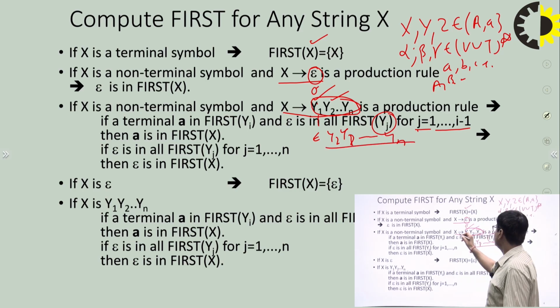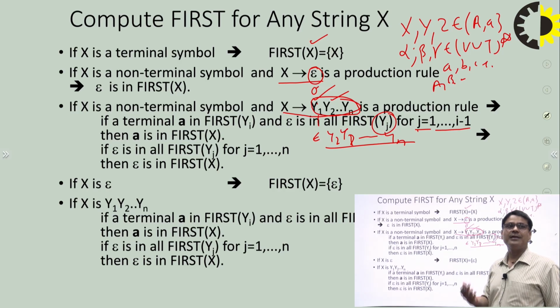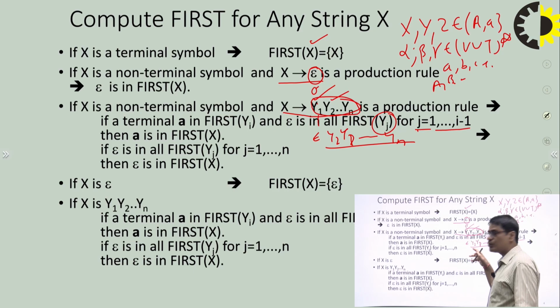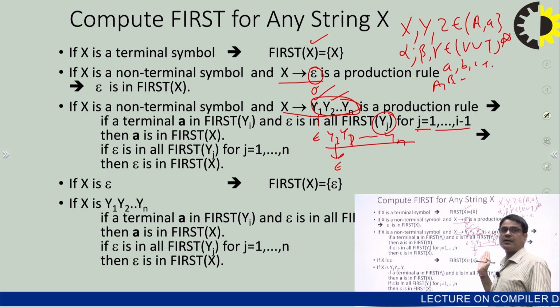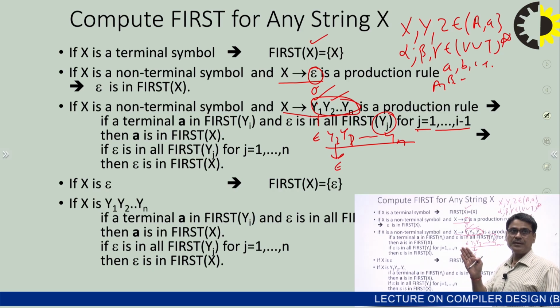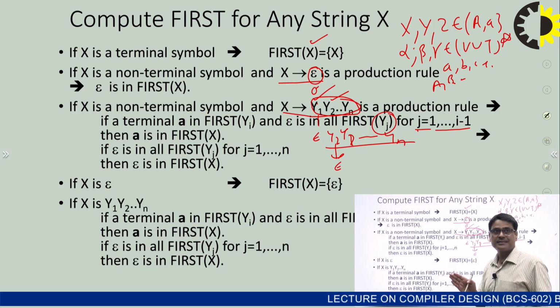This is the particular representation if Y1 is epsilon. So you have to check the first of Y2 also. Whatever non-epsilon symbol it includes, you will add that non-epsilon symbol in the first of X. Suppose this Y2 also derives epsilon, then definitely you have to check the next non-terminal's non-epsilon symbols and add them in the first of X.